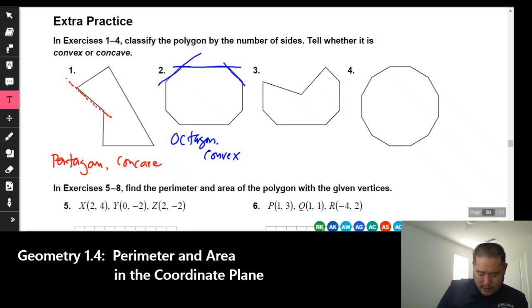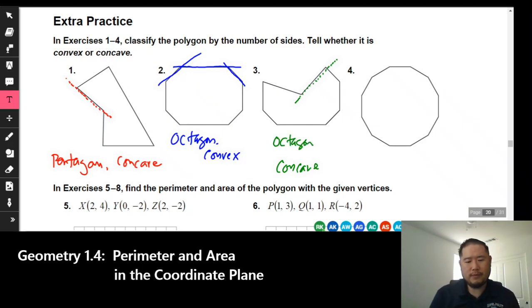All right, number 3, something that looks kind of like Pac-Man right here. Looking at this side, extending it outwards, it goes on the inside, so that tells me this is concave, and it happens to be another 8 sides. So we got octagon again.